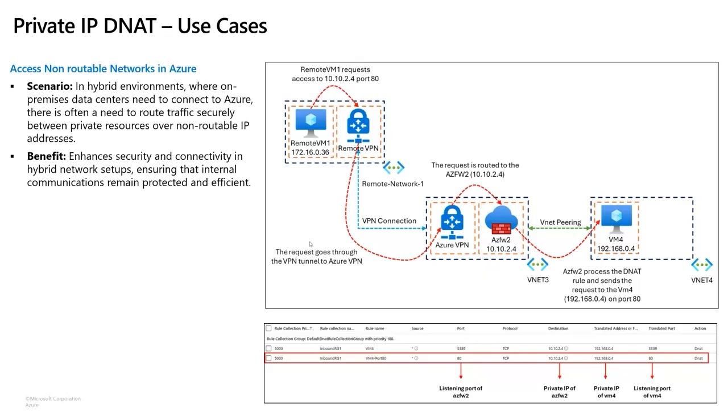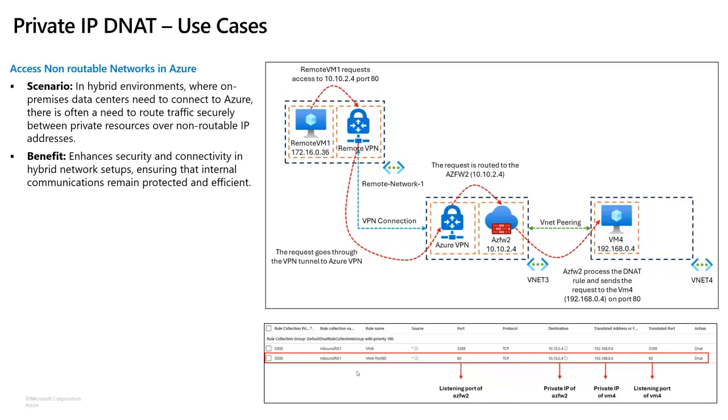This request will go through our connection, in this case VPN, and is routed to the Azure firewall, called here Azure Firewall 2 on 10.10.2.4. Azure Firewall processes this DNAT rule and sends the request to the virtual machine 4, hence allowing connectivity from our remote network to our virtual machine.